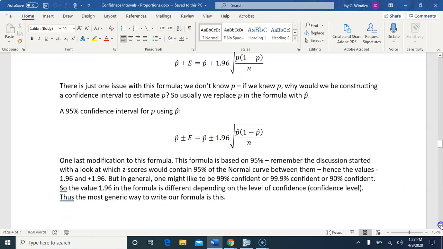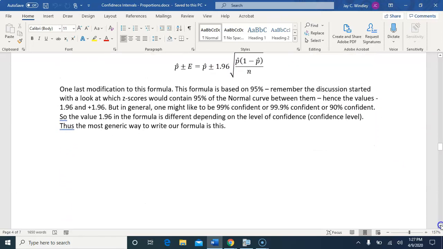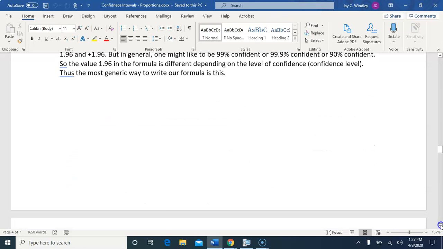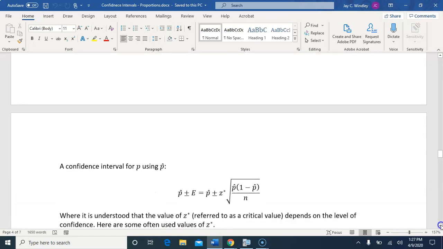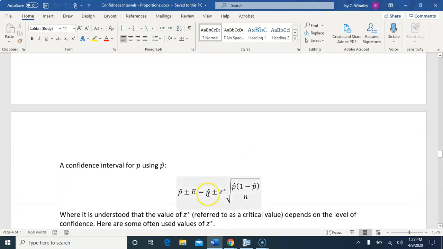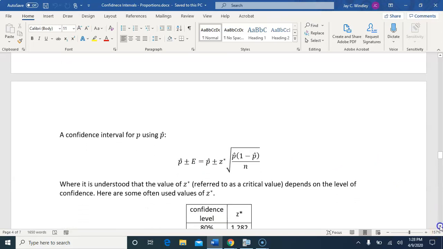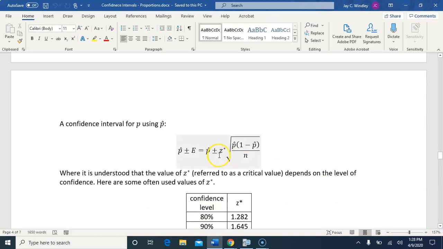So usually the confidence interval formula is written in a more generic way like this. A confidence interval for p using p hat, still that same nomenclature, p hat plus or minus z star times this radical p hat times 1 minus p hat over n, where it's understood that the value of z star, which in most books is referred to as a critical value, depends on the level of confidence.